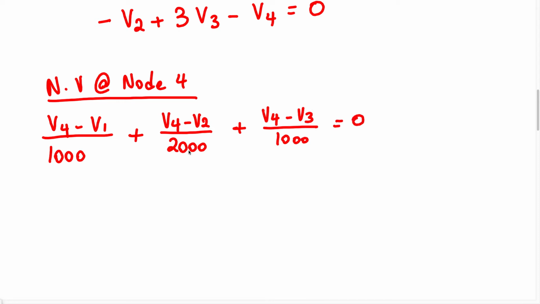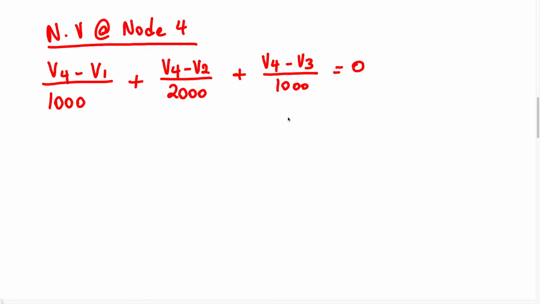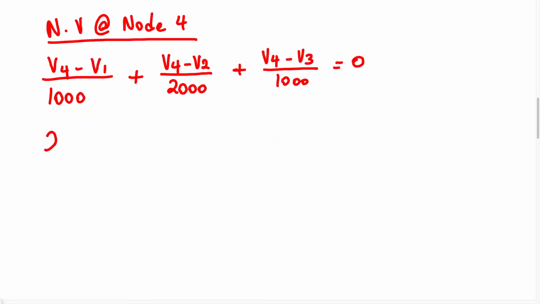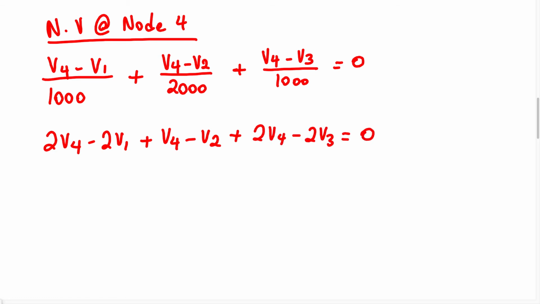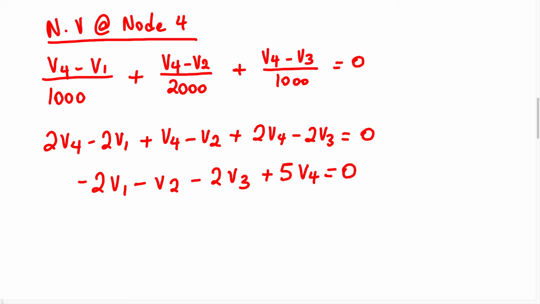We know the LCD is going to be 2000, so we're going to multiply each term by 2000. So that's going to give us 2V4 minus 2V1 plus V4 minus V2 plus 2V4 minus 2V3 equals 0. When we start to simplify this now, we're going to get negative 2V1 minus V2 minus 2V3 plus 5V4 equals 0.